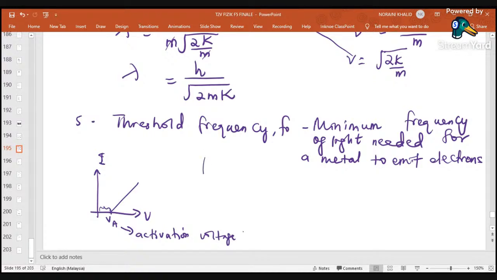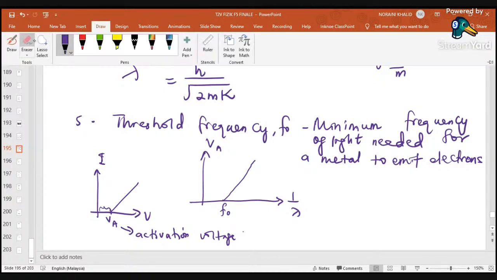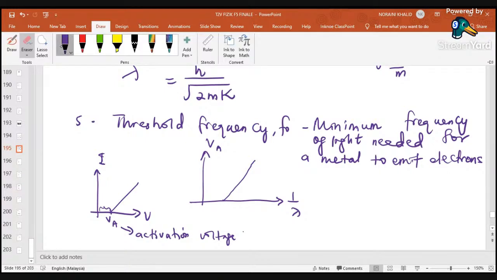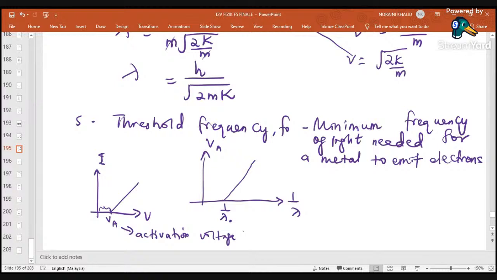Let's say we have another graph, activation voltage against 1 over lambda. This is the threshold frequency, or I can say, because the axis here is 1 over lambda, so here it becomes 1 over lambda naught.